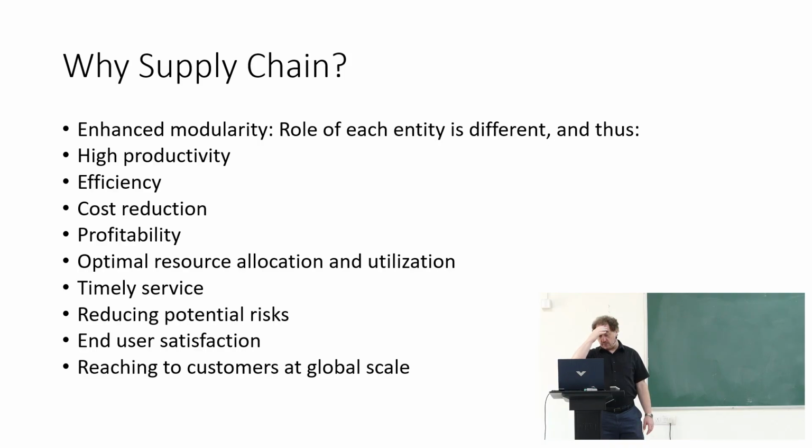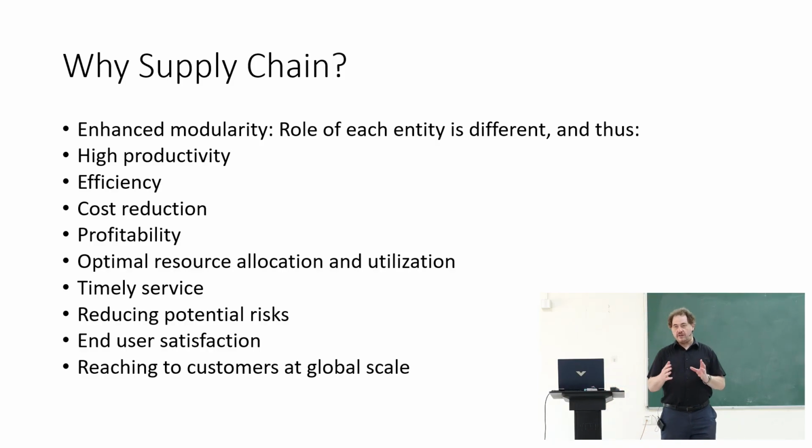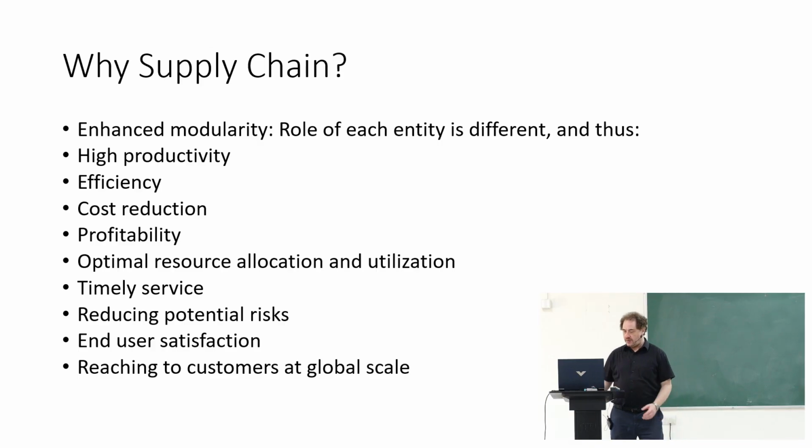We can also plan better in terms of how to deliver the products, because the times when the shop is open do not necessarily need to be the times when the manufacturer is available. And this way, of course, it's much easier to reach customers at global scale.